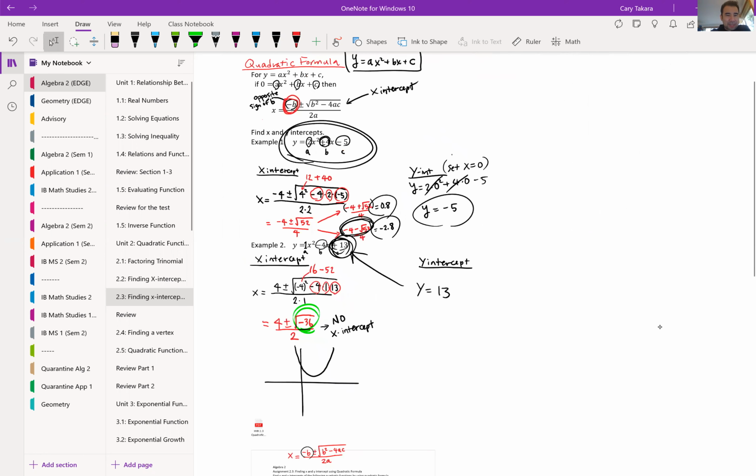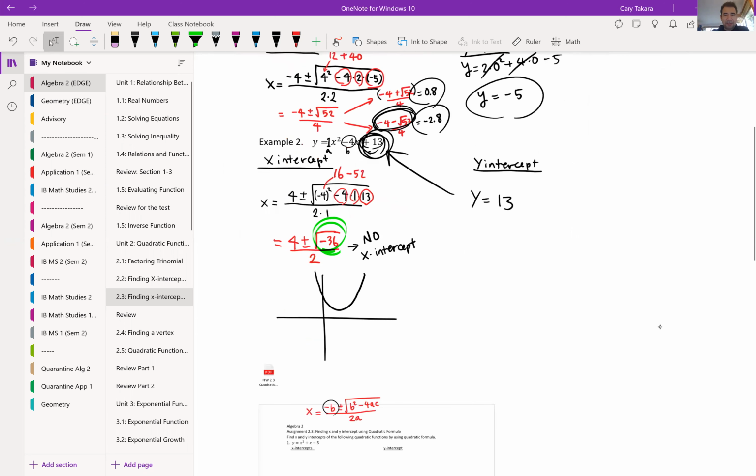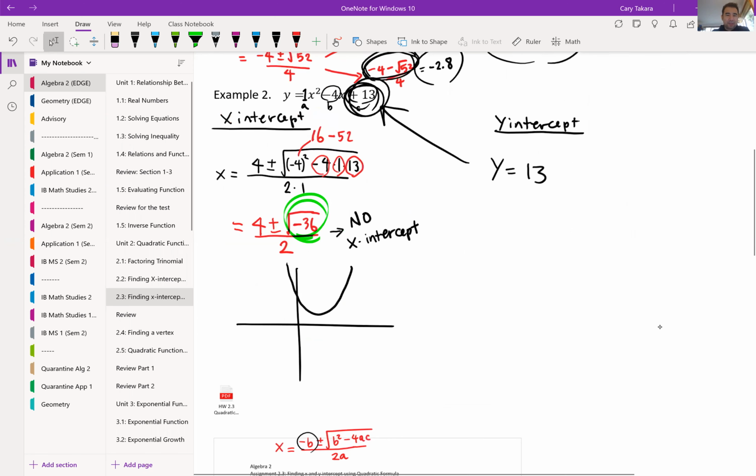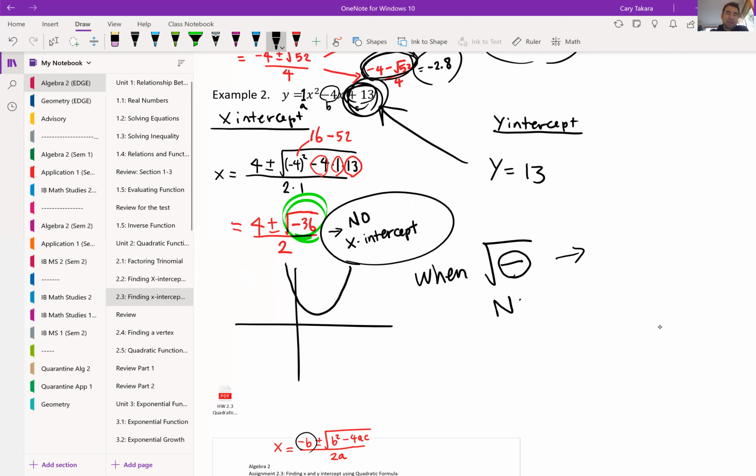Now let's do the assignment, okay? Does anybody need more time to write this down? So maybe let's write it down in your own words. Why are there no x-intercepts? So let's write down: when the square root is of a negative number, it means no x-intercept.